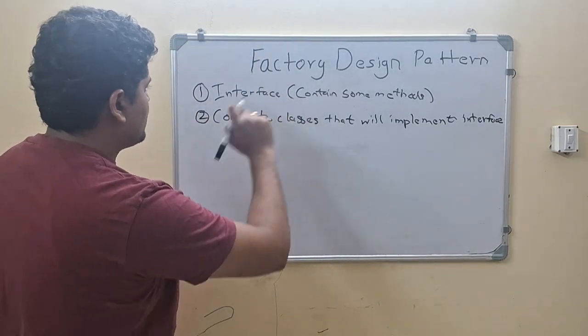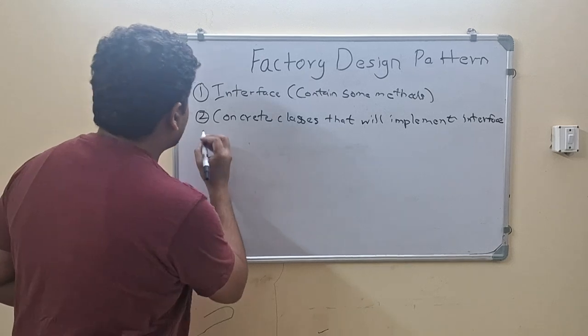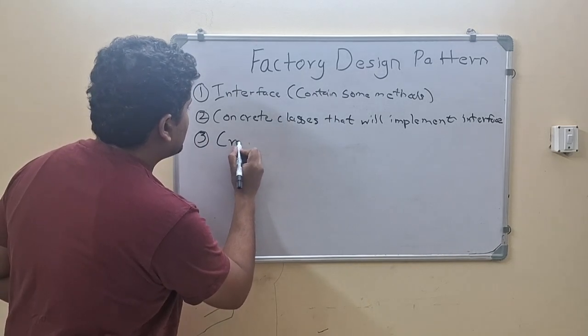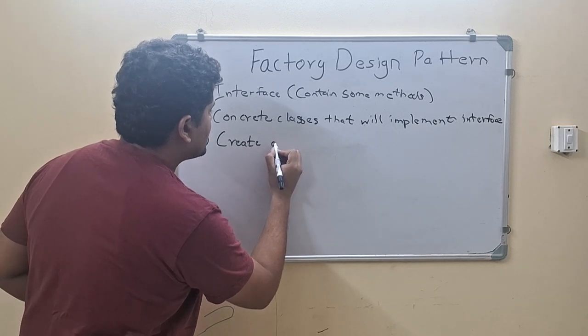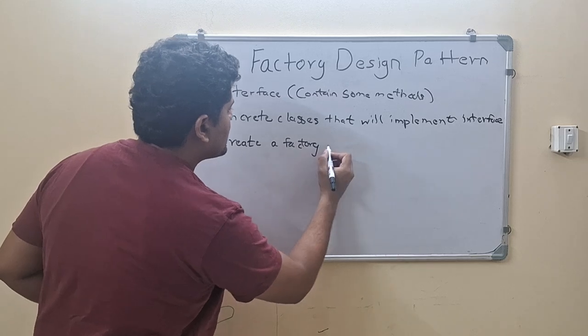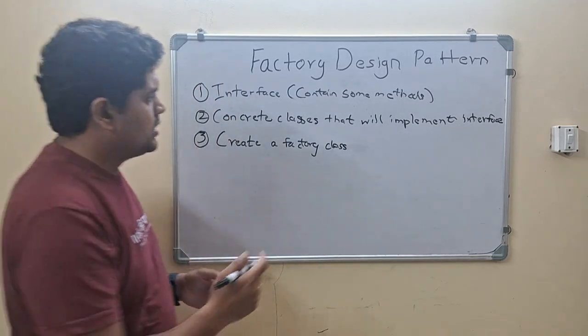The first point is there is an interface. The second point is there are concrete classes that will implement the interface. The third point is that we create a factory class. That's the important point. Here comes the crux of the logic.